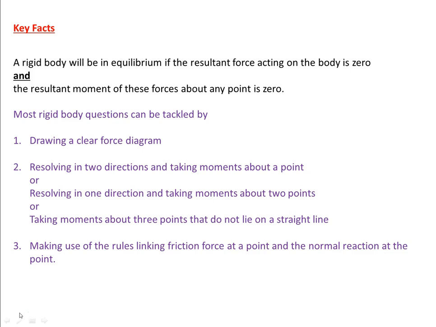When we're tackling rigid body questions, once we've drawn a good clear force diagram, we can proceed by either resolving in two directions and taking moments about a single point, or resolving in one direction and taking moments about 2 points, or by taking moments about 3 points that do not lie in a straight line.